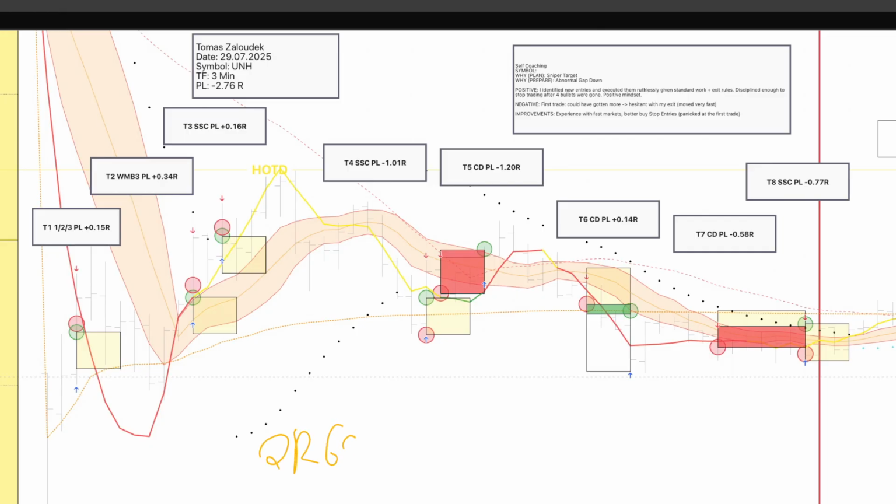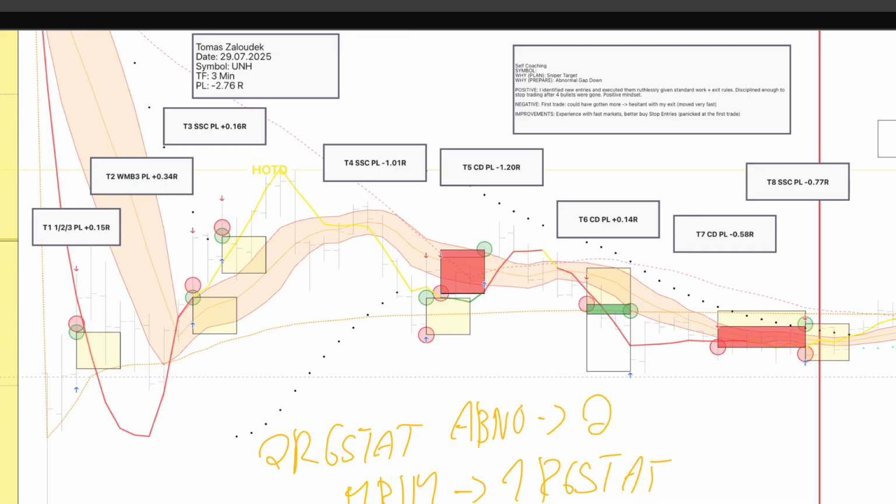normally we have a maximum reasonable intraday move of 1 range stat. But if it goes beyond that, then we're in abnormal territory, and we could expect maybe even a 2 times range stat move.